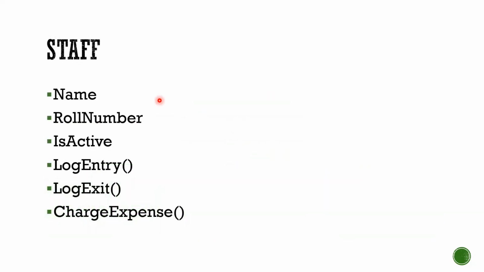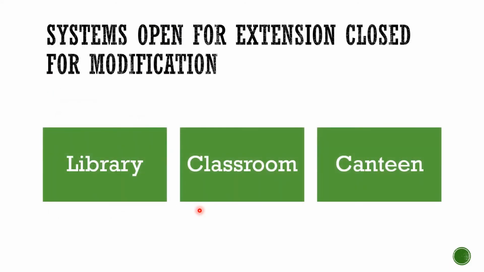We assume a staff will have a name, role, whether active or not, enter some entry and exit log and accept some expense charges. And we create our systems around this abstraction. The system can be expanded without modifying it. This is what we call the open closed principle.